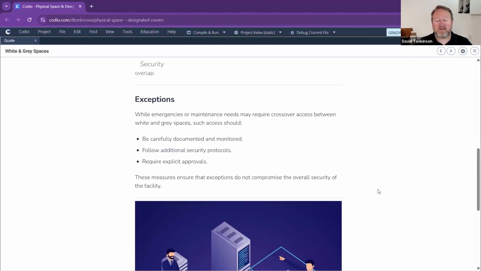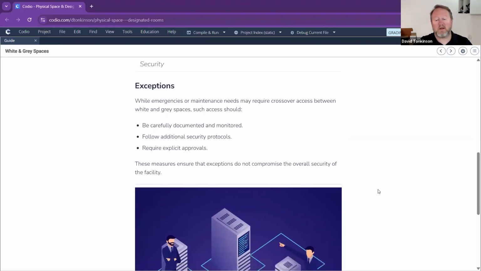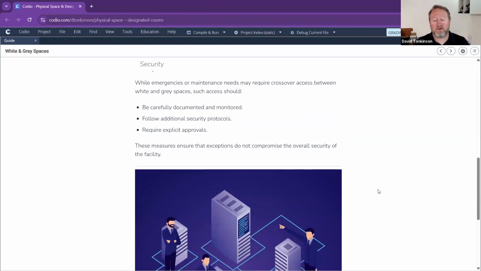While emergency and maintenance needs may require a crossover, certainly if you have emergencies or particular maintenance that needs to happen, yes, you might well open up the white space to certain engineers that need to get access to certain systems. But there's normally a super efficient security protocol put in place to allow them.